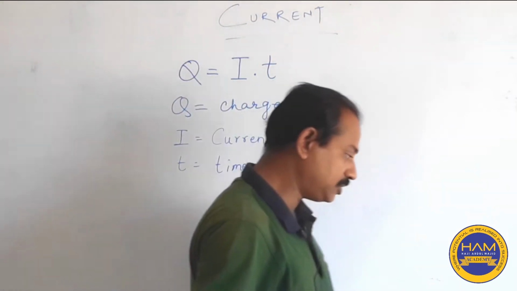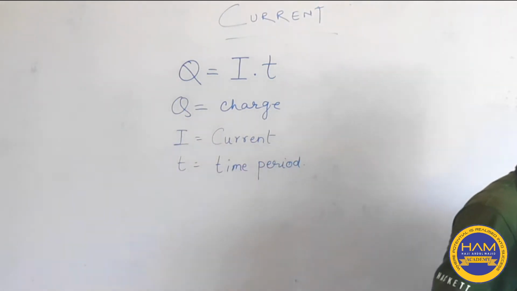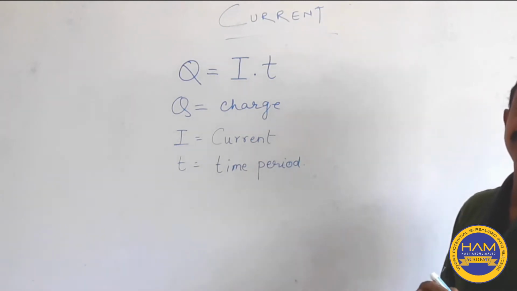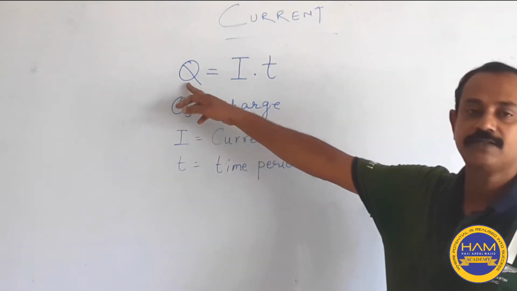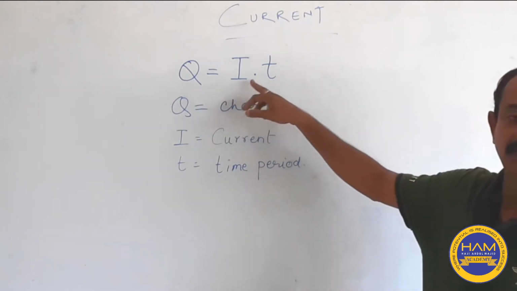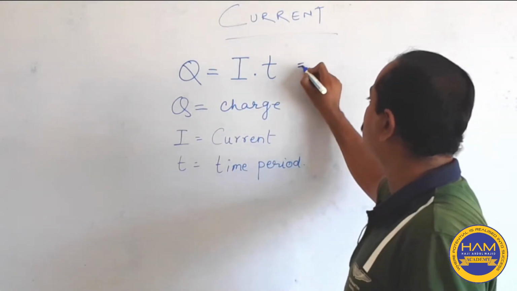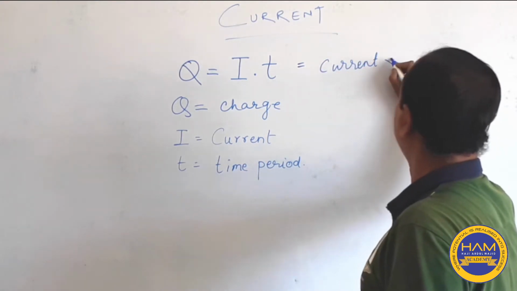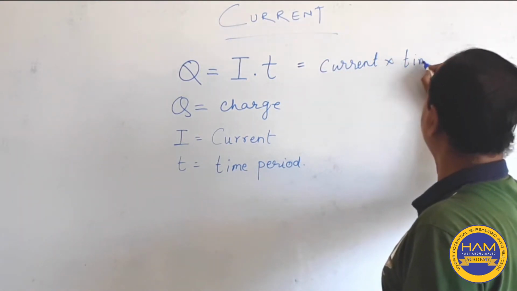So, this is the equation which we are having over here. Whatever time frame we are taking, per second or per minute, the number of charges that flow through the circuit is denoted by the current multiplied by the time. We can write it in words over here: current multiplied by the time.